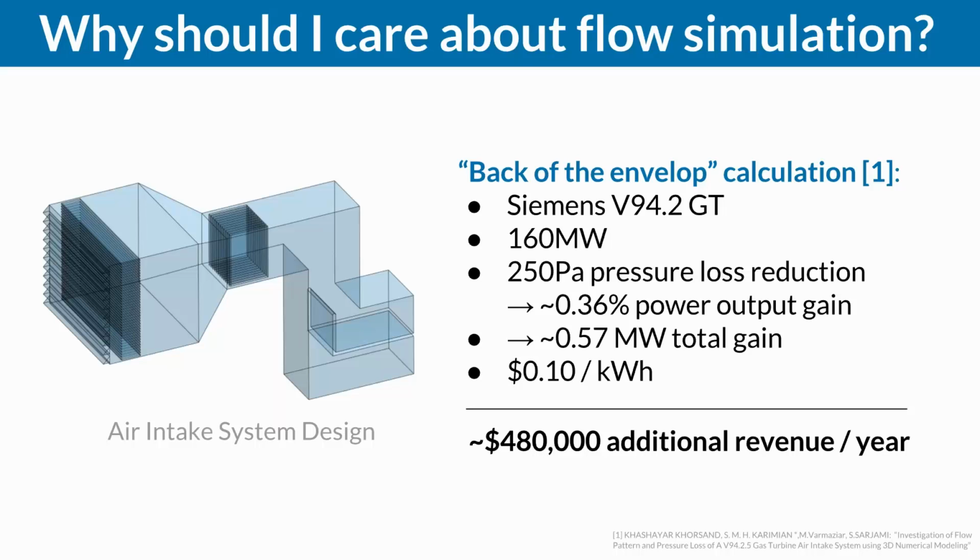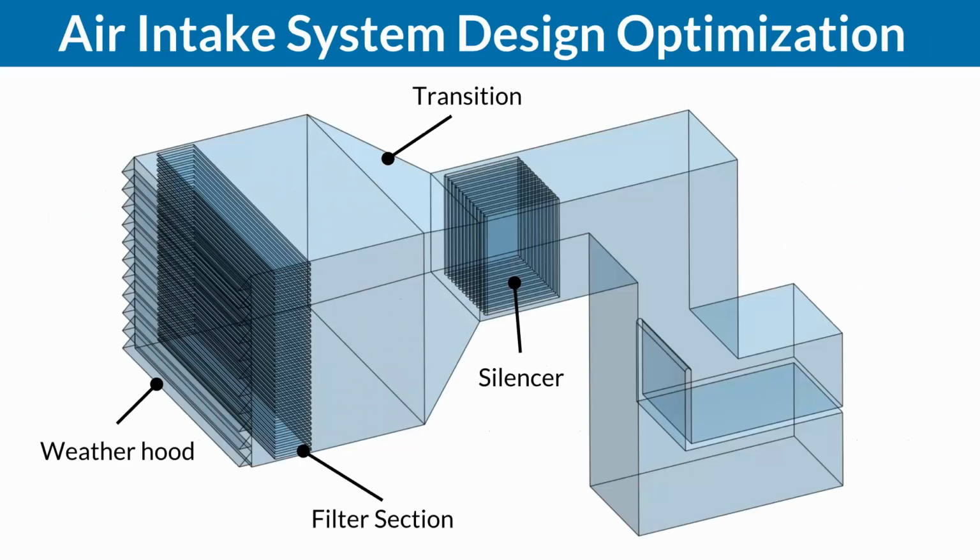Without drilling down in all of these numbers, I think it just gives an idea of how the pressure drop of such a component in the ventilation system has a huge impact on the bottom line. So I found that very interesting, and using that as a motivation, let's dig into it and improve the pressure drop. That's what we're going to look at.